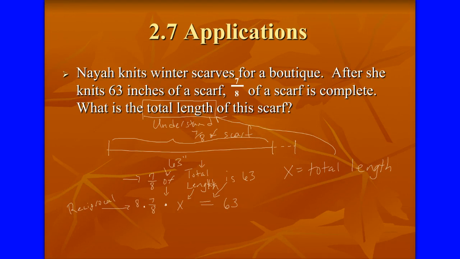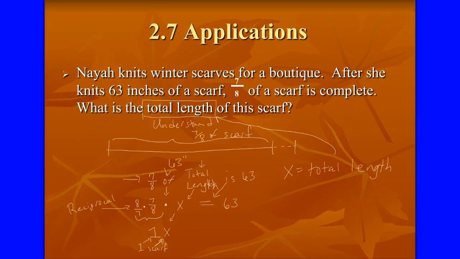If I take 7/8 and multiply that times 8/7, that equals 1. You're left with x. You have 1x. That's what you're trying to find, the length of one scarf.